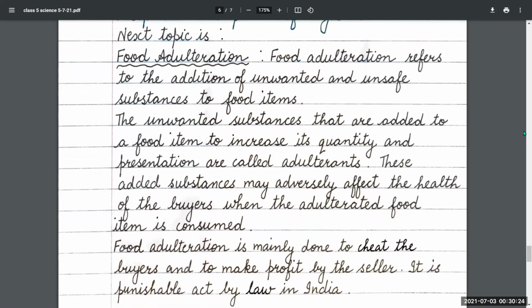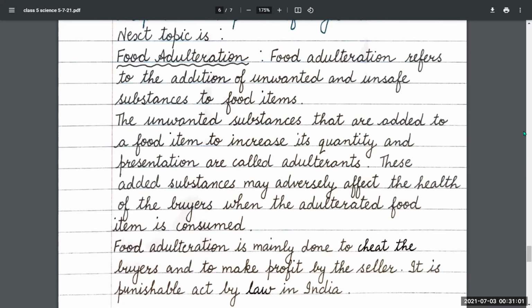Now the next topic is food adulteration. Adulteration refers to the addition of unwanted and unsafe substances to food items. The unwanted substances that are added to a food item to increase its quantity and presentation are called adulterants.